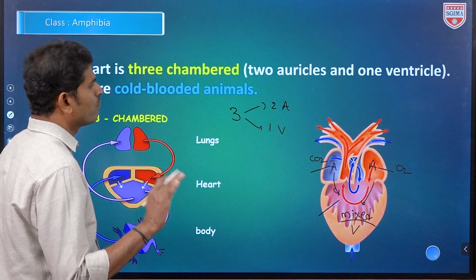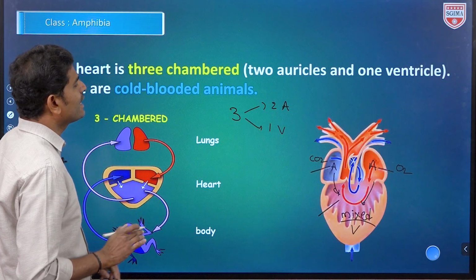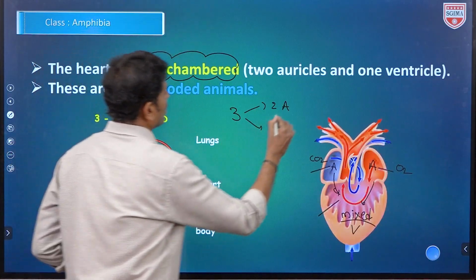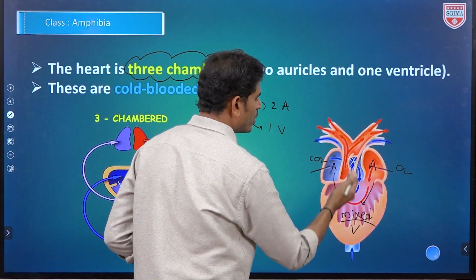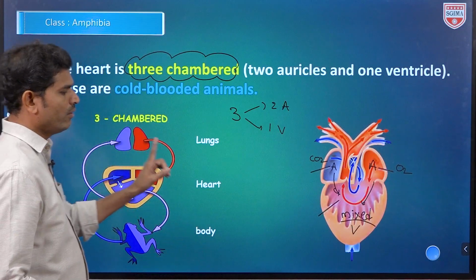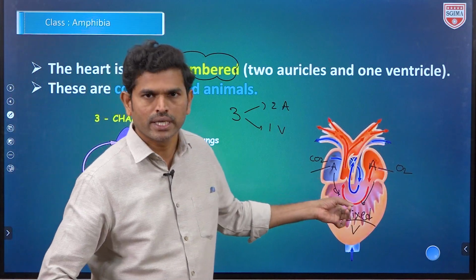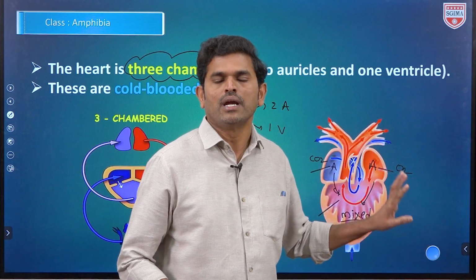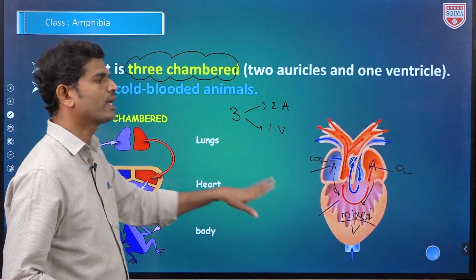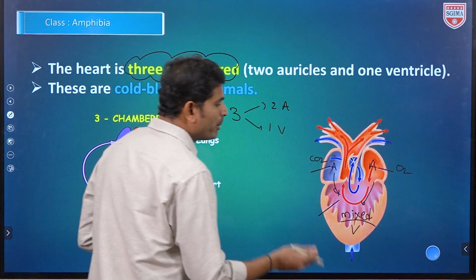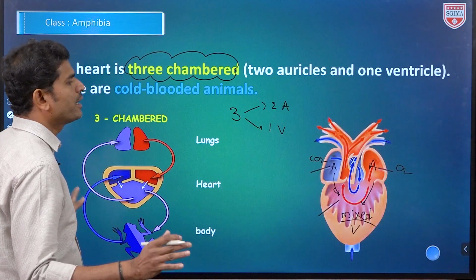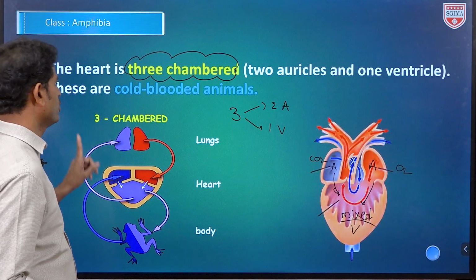The final conclusion is the heart contains 3 chambers: the upper 2 are called auricles, and the lower common chamber is called the ventricle. Okay, this is clear. And one more extra point: they contain double circulation only, incomplete double circulation, because the ventricles are still not separated by any septum. Common chamber it is.